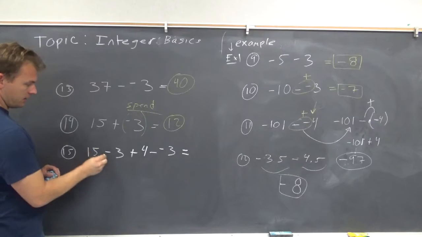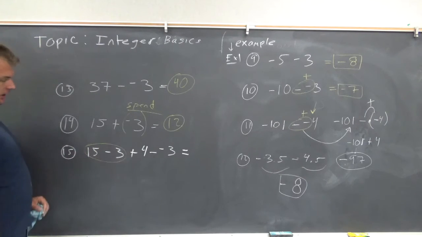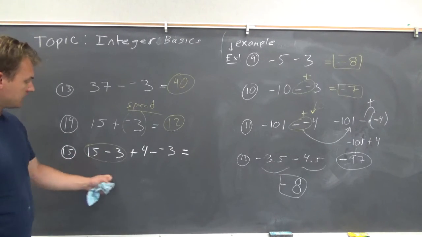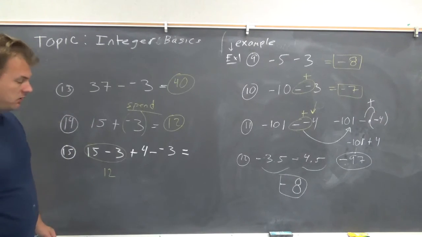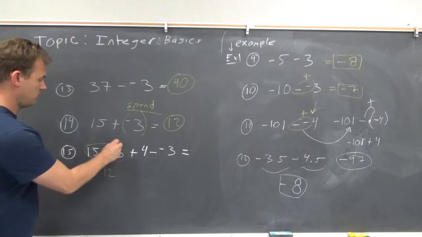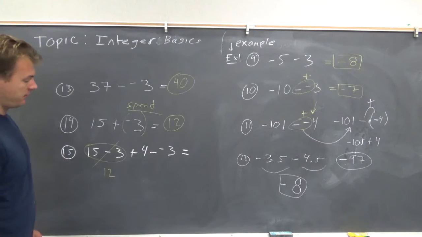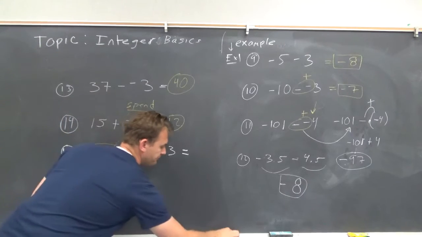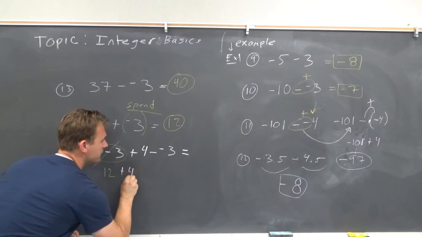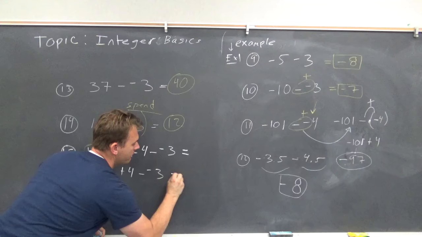So let's see. I know what that is, right? $15 minus $3. $12. Okay, cool. Done with that part. Well, what do I still have left? I still have plus 4 minus 3.